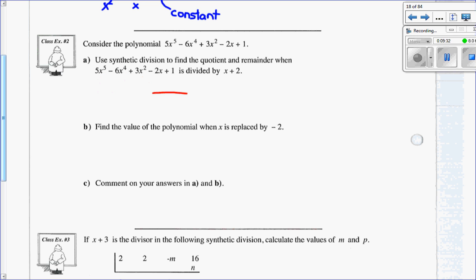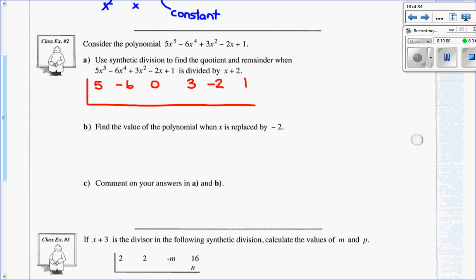I'm just going to move this down a little bit, I've got it a little too squishy. So we're going to have 5, negative 6, 0, 3, 2, and 1. Oops, that 2 is a negative 2. Then we're going to draw this, leaving room for one more row underneath each of those numbers.